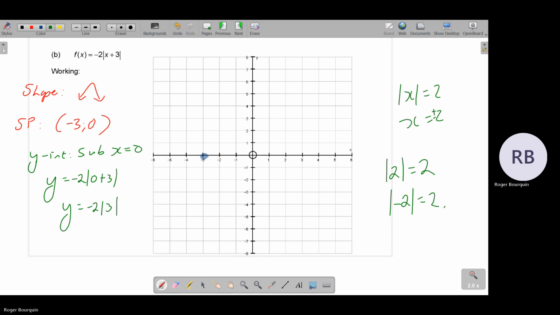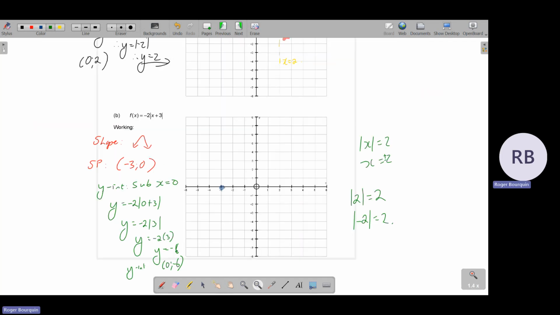But here, the absolute value of 3 is just 3, so you get -6. You should get the y-intercept at 0, -6. Sorry, the salient point was at -3, 0.